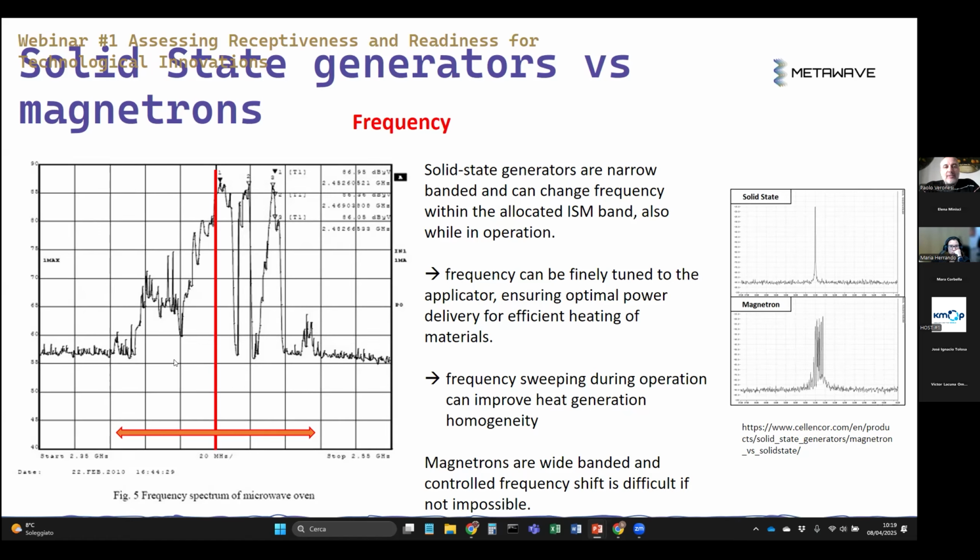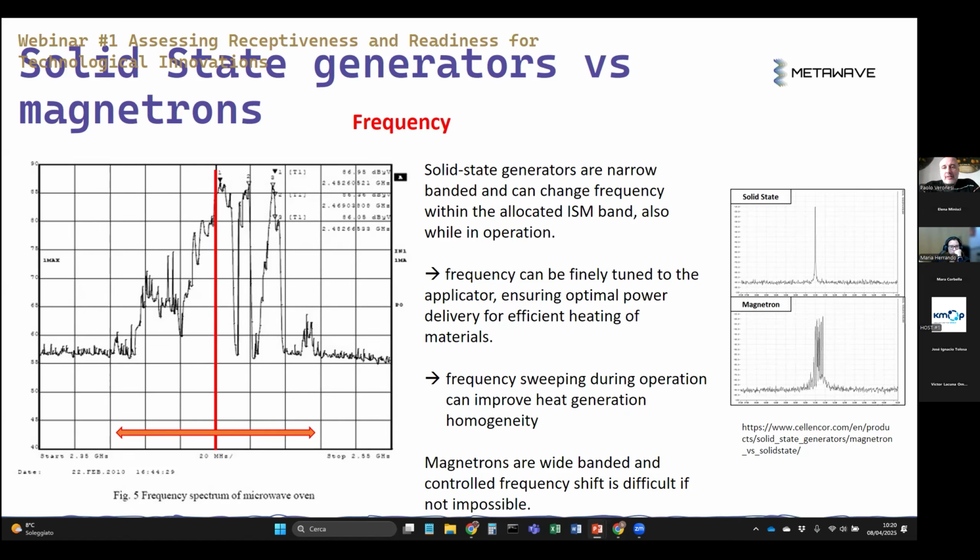But nevertheless, this is quite different from what happens with a solid-state generator, which here has been depicted by the red line. So practically, it means that you can more or less operate at a very precise frequency. And this is maybe even clearer in the picture on the right, where you can see the two spectra of a solid-state generator and of a magnetron.